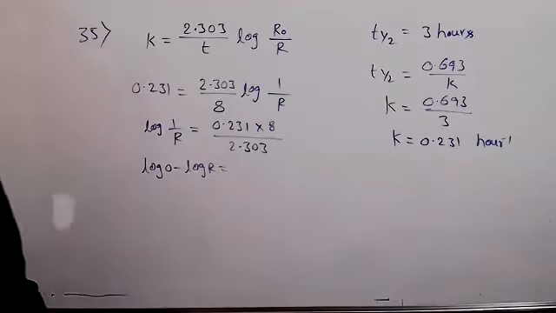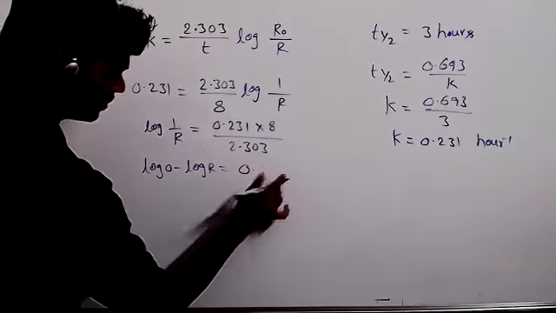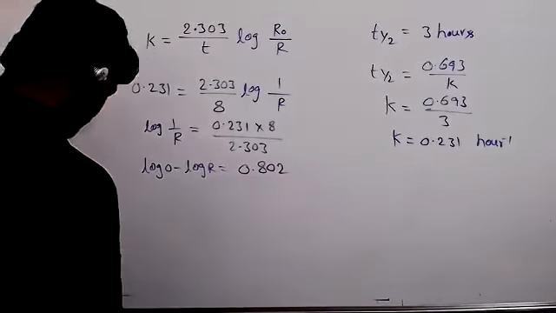So the value is 0.231 into 8 divided by 2.303, which is 0.802.